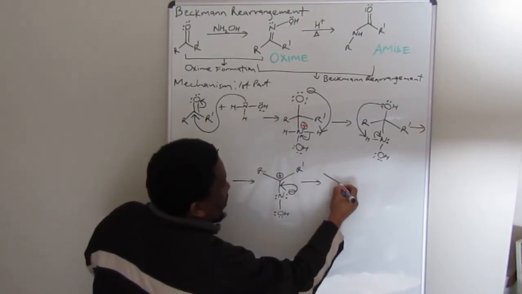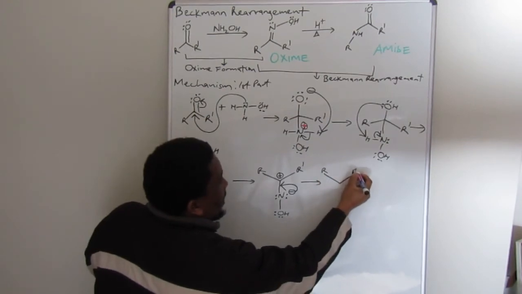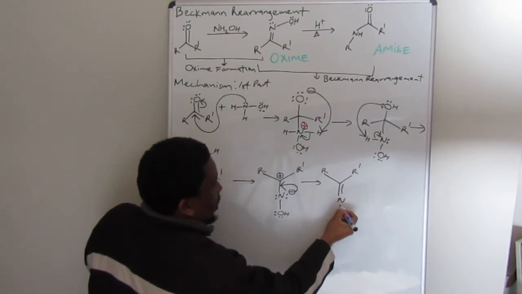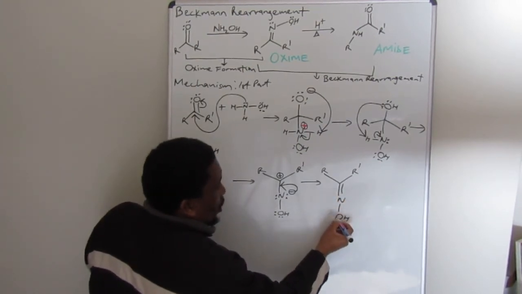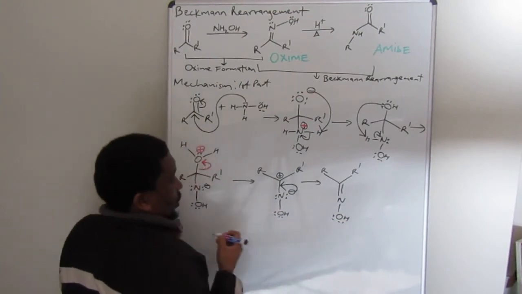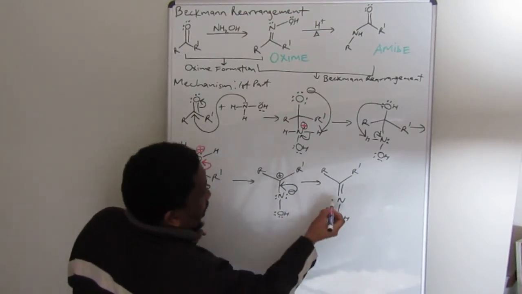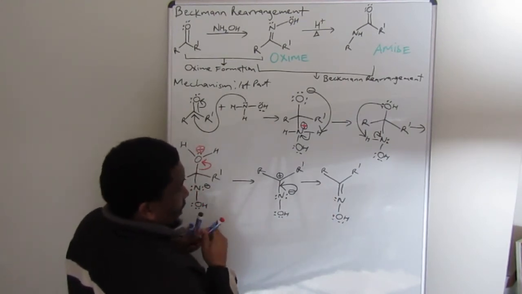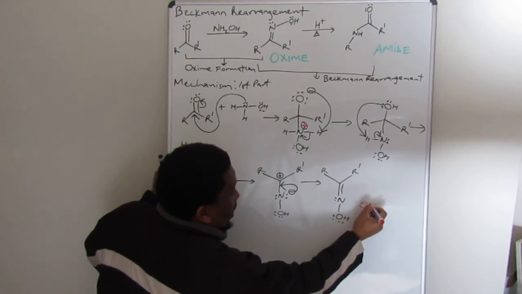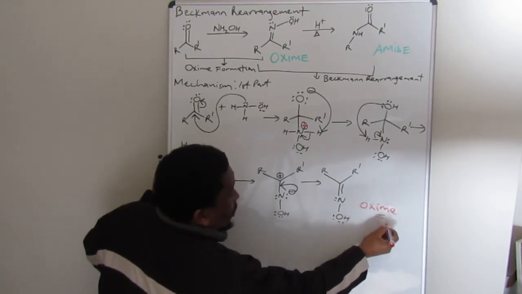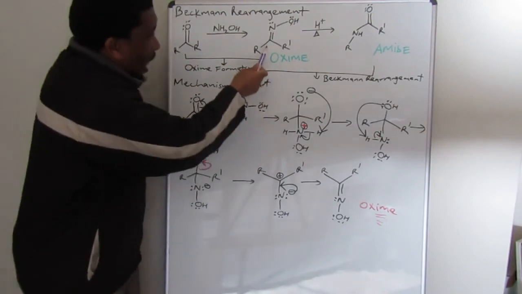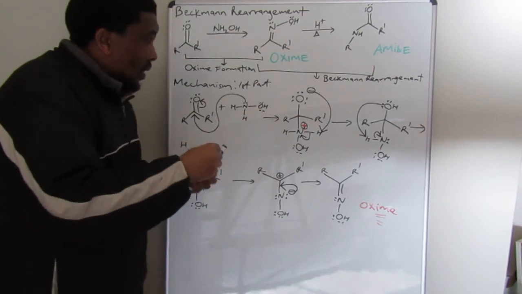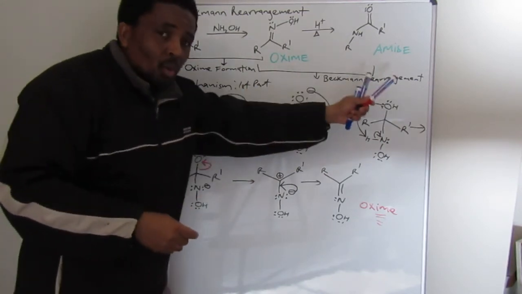This is R prime, C, which is doubly bonded to N, singly bonded to OH. We are only left with one lone pair in that case. And this is our oxime. So this is how we have formed our oxime. This oxime becomes the starting material for the Beckmann rearrangement.